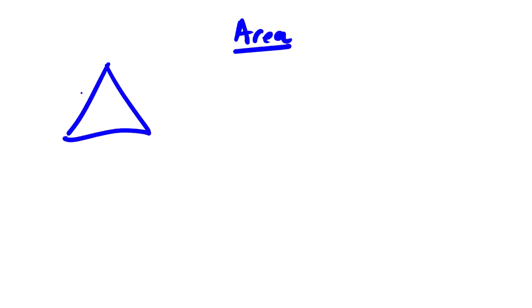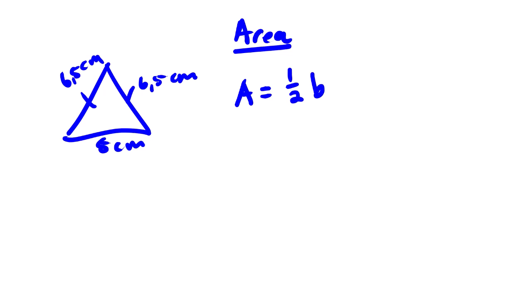The isosceles has sides 6.5 centimeters and 6.5 centimeters, but we have 5 centimeters here. Let us use the equation again: half base times the square root of a squared minus b squared over 4. We substitute.